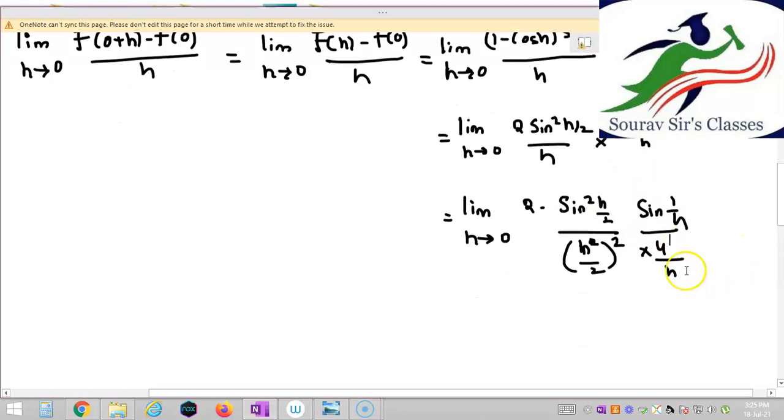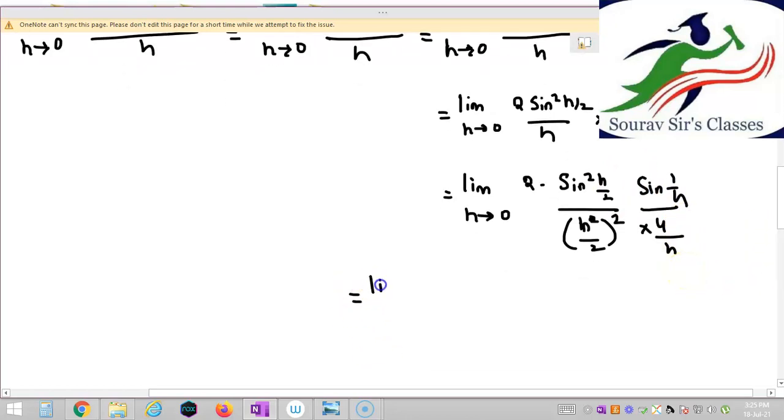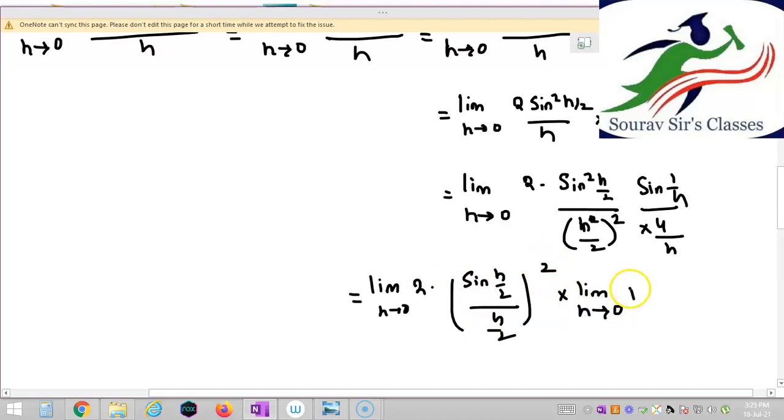So I can write this as the limit as h tends to 0 of 2 into (sin(h/2) by (h/2)) whole squared, into the limit as h tends to 0 of h by 4 into sin(1/h). Now the first limit is 2 into 1, and for the second, as h tends to 0, sin(1/h) is bounded, so that limit would be 0. So this limit is 0, which is finite, and this limit does exist, hence this function is differentiable.